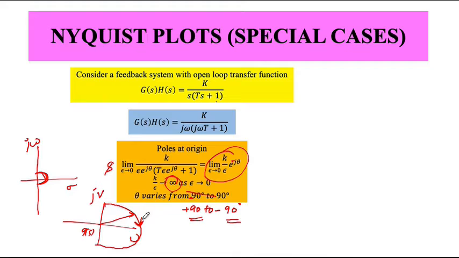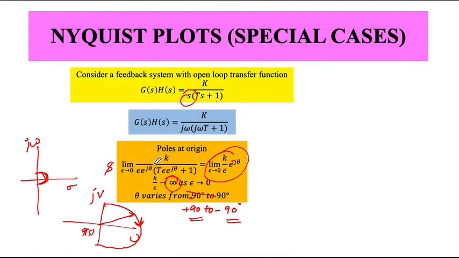This is just for the pole at the origin, and the rest of the Nyquist plot follows the same procedure as before.